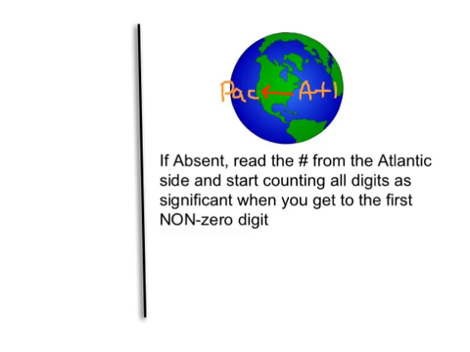Okay, and again, you're going to start counting all the digits as significant once you hit that first non-zero digit. Okay, so here's an example. If we had that number, let's just say 248,000. Bam.